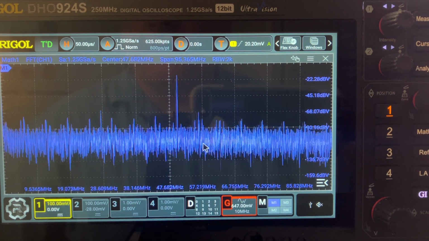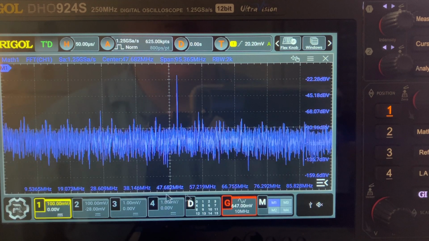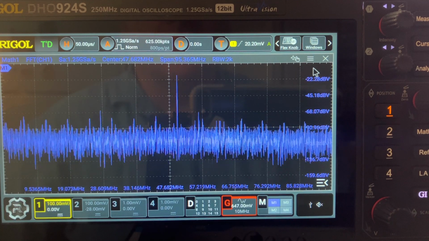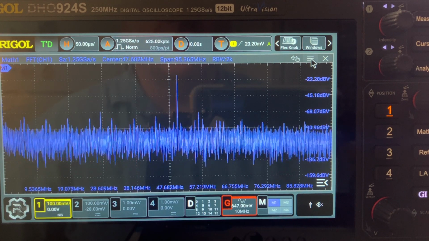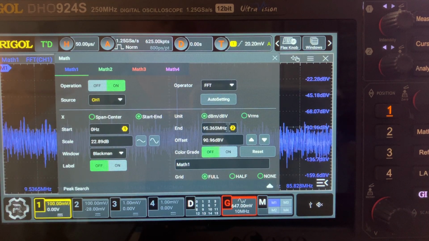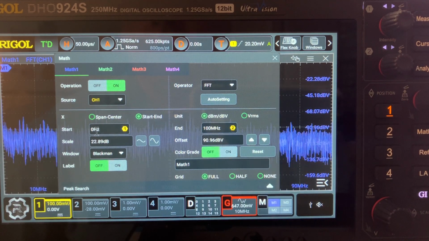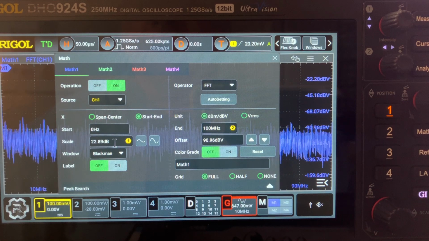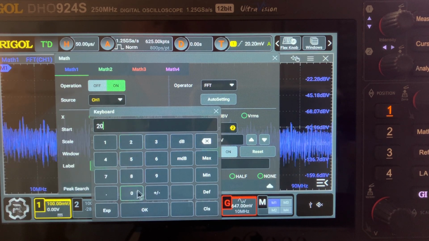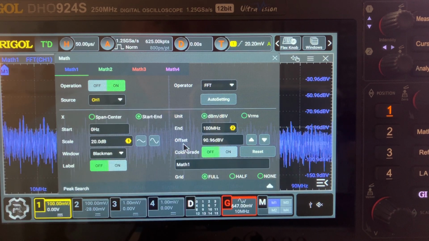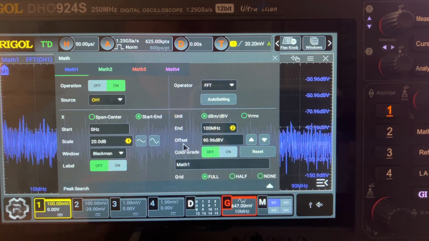So right now I'm from 0 to 100. If you pick something interesting, you go back and put an even number here. For the scale, 22 point something, let's put something easier: 20 dB per division vertical.